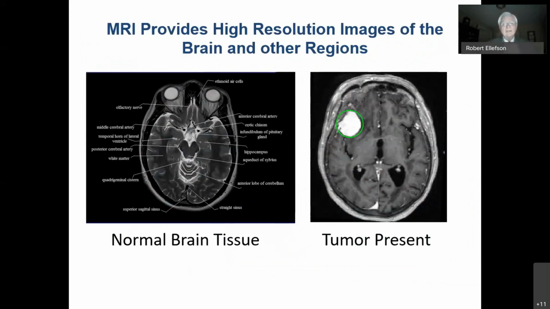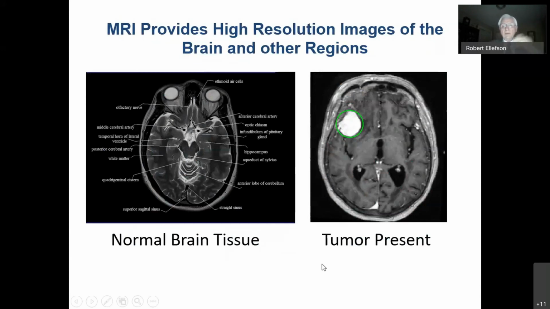But let's just look at the details of the normal brain scan on the left. It can show in very, very high detail things that even I can recognize, like olfactory nerves here that go down to the nose, and probably optic nerves that are entering the brain from the eye, and many other features.